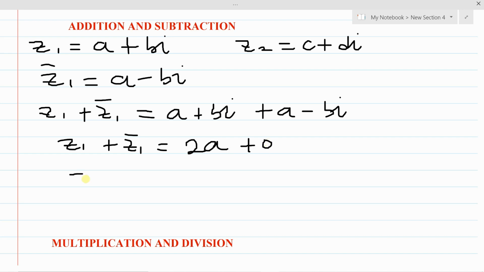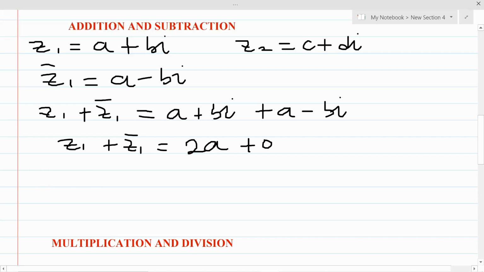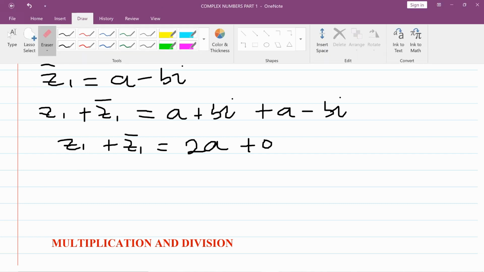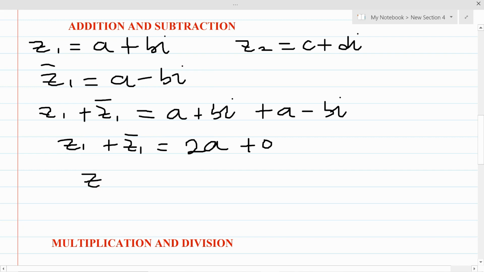So in other words, whenever you add a complex number and its conjugate, you always produce a real number. That is a purely real complex number. That is it for this.